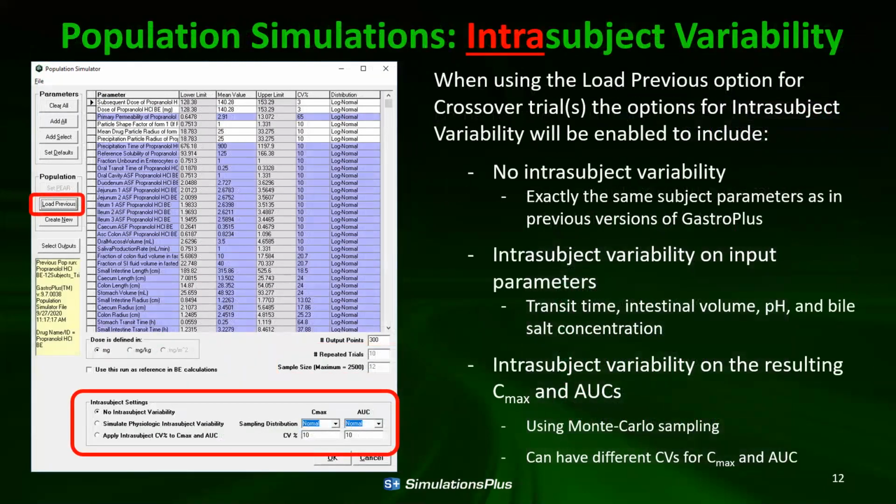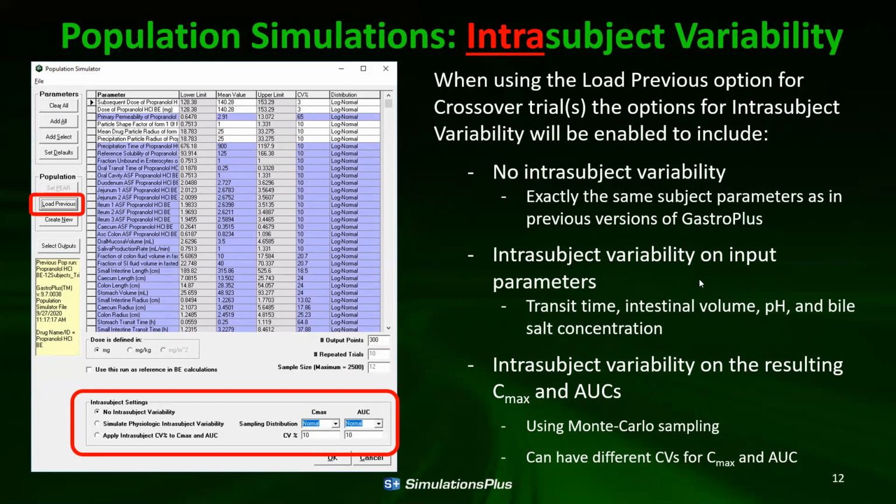When you're using the load previous option for crossover trials, you click on the button here and then select those 10 trials that we just generated. You're then presented with the opportunity to include intrasubject variability within your simulations. You can choose not to include intrasubject variability, and then you would get exactly the same parameters as in the previous versions of GastroPlus.